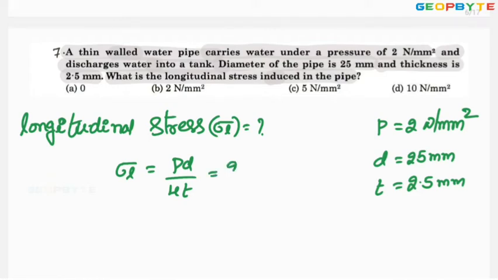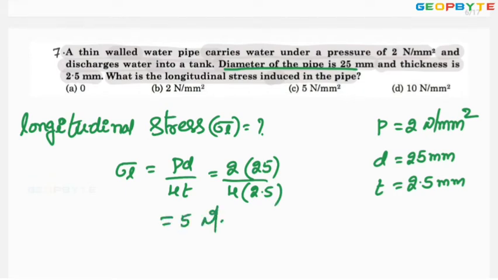Pressure is given 2, D is the diameter of the pipe 25 mm, so 2 into 25 by 4 into T, 2.5. Simplify this value with your calculator, approximately 5 Newton per mm square. So longitudinal stress equal to 5 Newton per mm square.